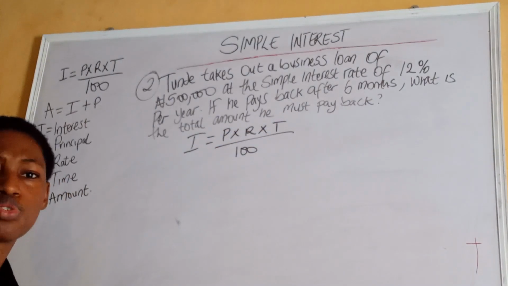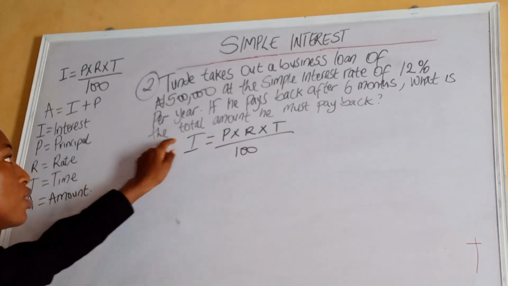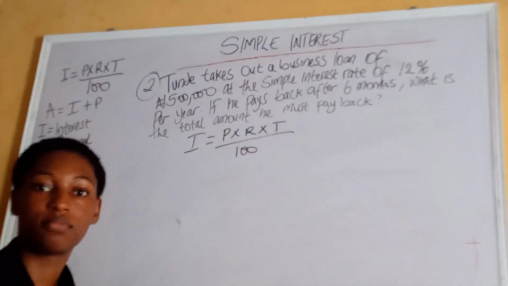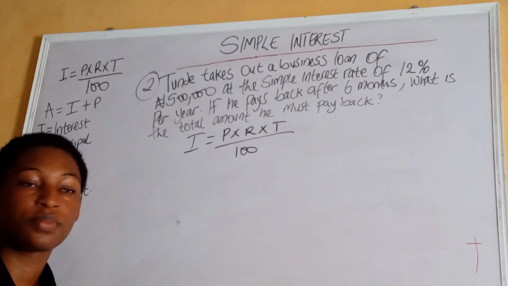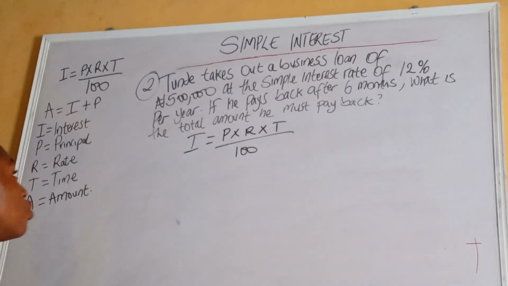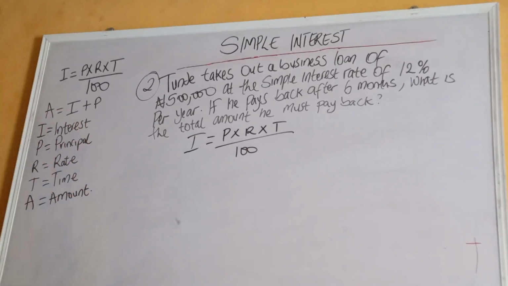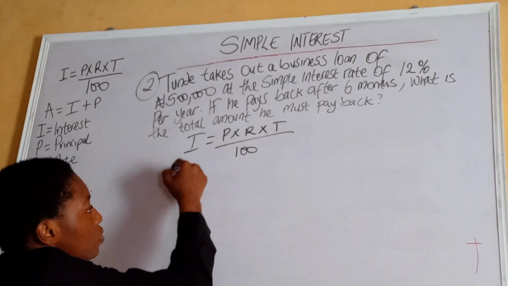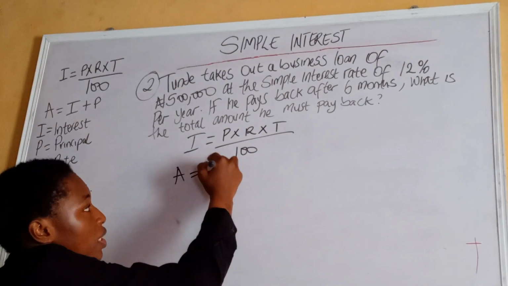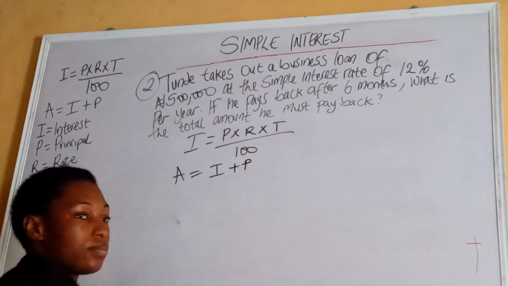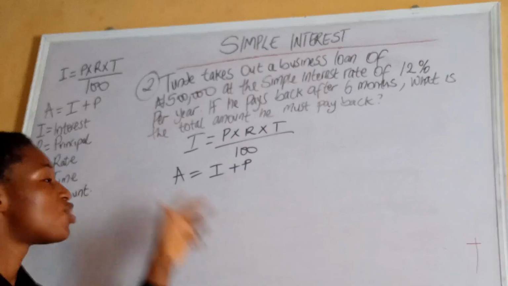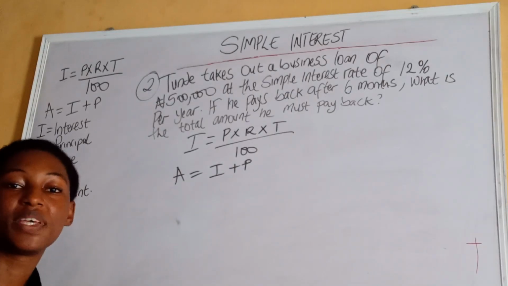But now they're asking us to find the total amount he must pay back. To find the total amount, you use the amount formula too, where your amount is equal to interest plus your principal. Please try this out. Let me know what your answer is in the comment section.